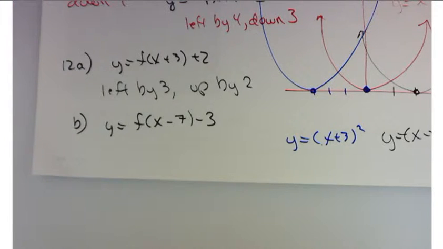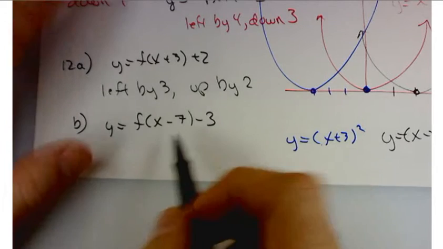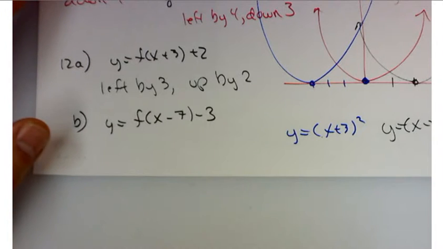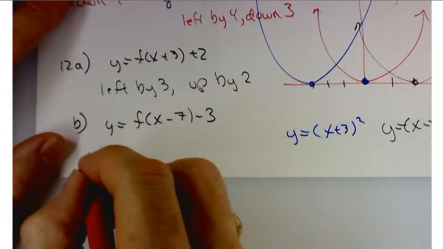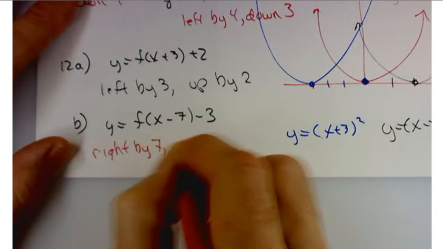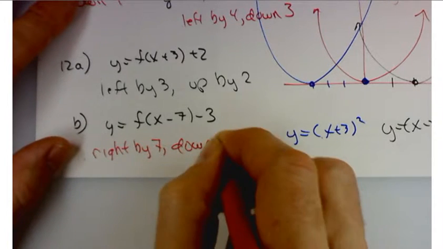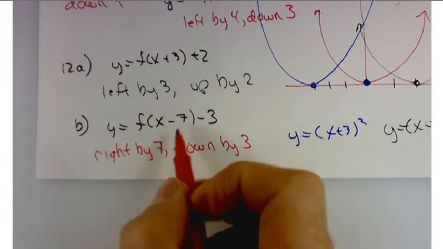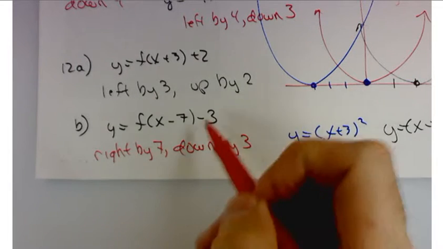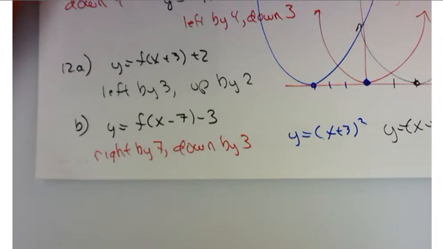How's that one been shifted? Good, right by 7 and down by 3. Perfect. So again, that horizontal shift is opposite of what the sign might seem to indicate, and then the vertical shift is exactly what the sign does indicate. So how are we looking with your horizontal and vertical shifts? Okay?